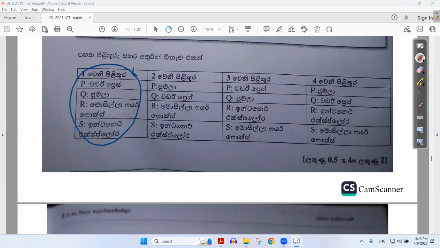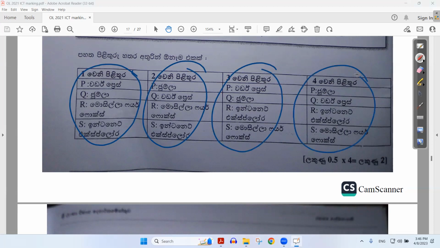So either this way or this or this or this. Any particular one will give you the marks. It's 2 marks, 0.5 for each answer. Yeah, moving to the next.